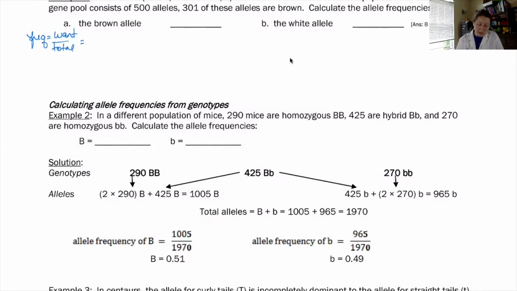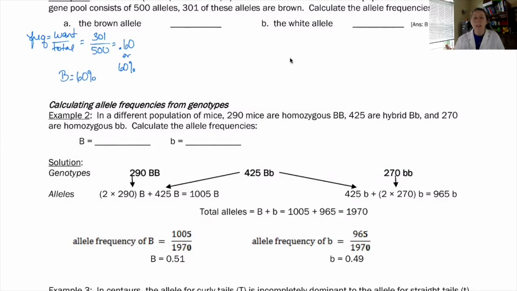So it says we have 301 brown alleles over a total of 500 alleles. So 301 divided by 500 gives us 0.60 or 60%. So if our brown allele, which of course is big B, equals 60%.